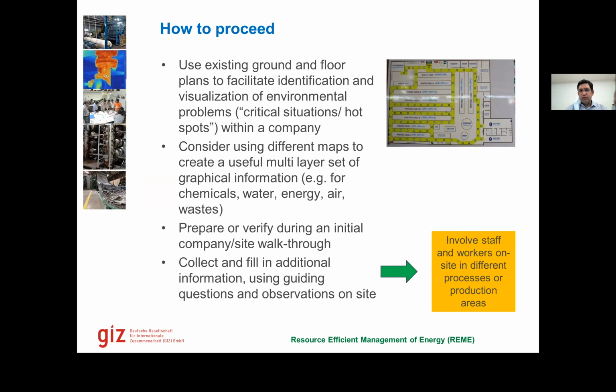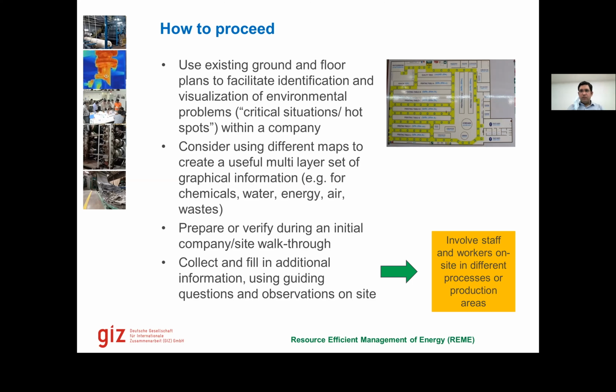So how to use it? Number one, take an existing ground floor map, just like this one, for example. Consider using different maps, one map for energy, one map for water, one map for air emissions, one map for chemicals management, for example. So you can use different maps for different aspects, and then do a walkthrough. We never prepare this map while sitting at our tables.